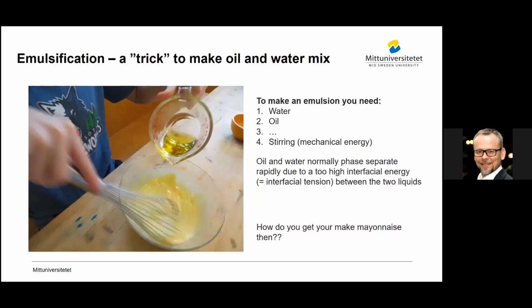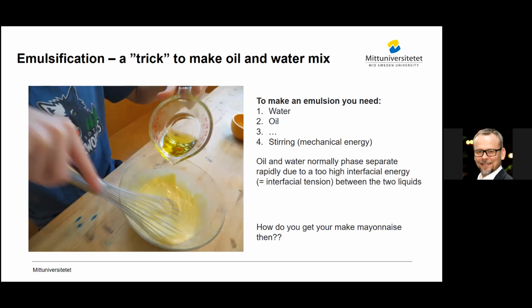And this you can use when you do emulsions, and you need to use it in some way. So emulsion is a good example of a trick to make oil and water mix. And to make an emulsion, you need the water and the oil, and then you need something more and a lot of mechanical energy usually.